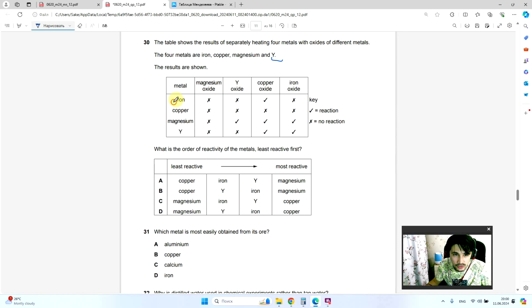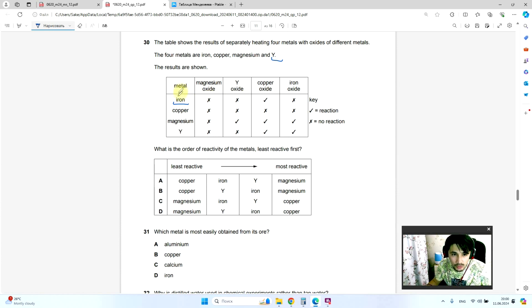So, iron reacting with magnesium oxide: a reaction is not taking place because this is about the reactivity series. So the most reactive metal can replace the least reactive from its compounds, in our case oxides. So there is no reaction, and it's obviously true.